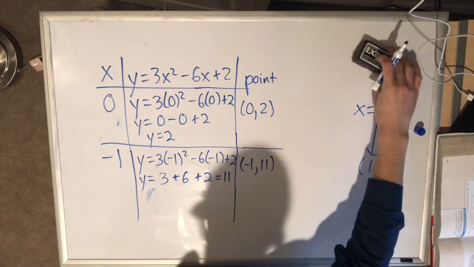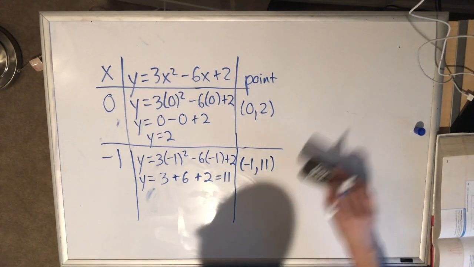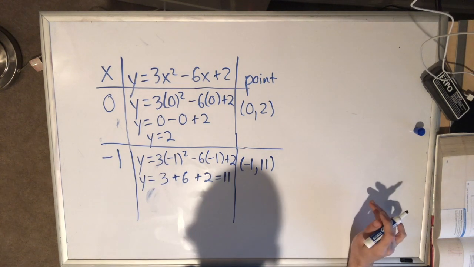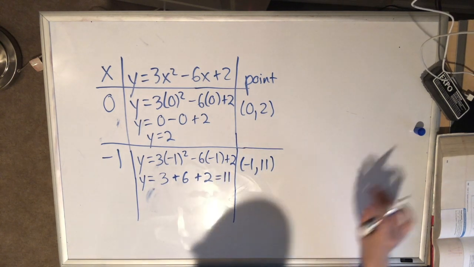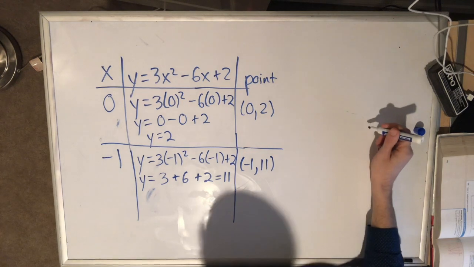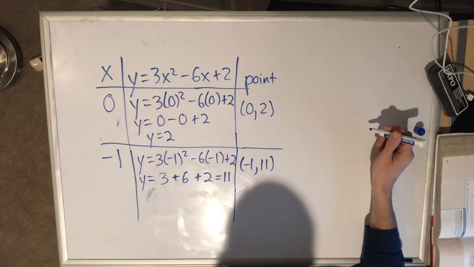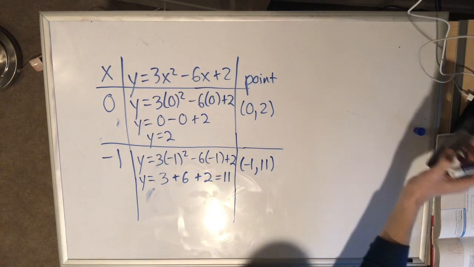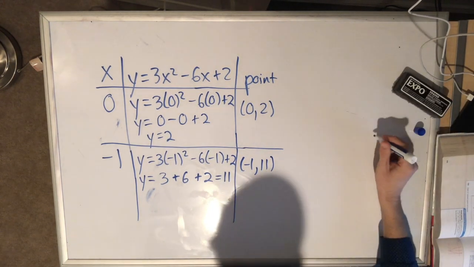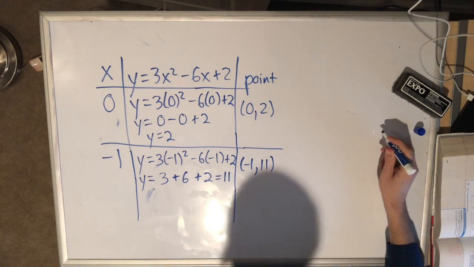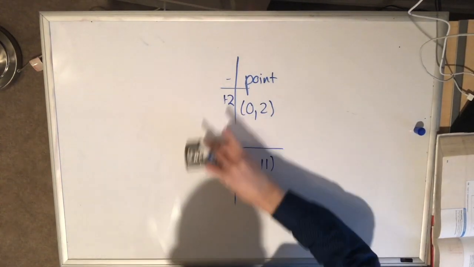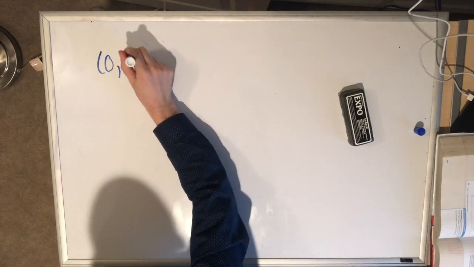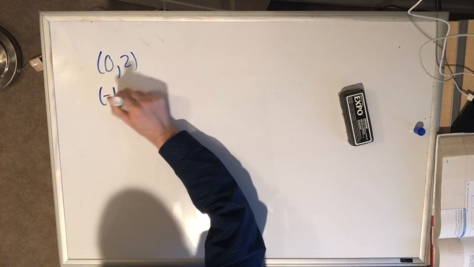Okay, so let's now graph. All right, so making our graph, I'm going to make some more room here just to make sure I have plenty of room. The point 0, 2 on the graph, negative 1, 11.